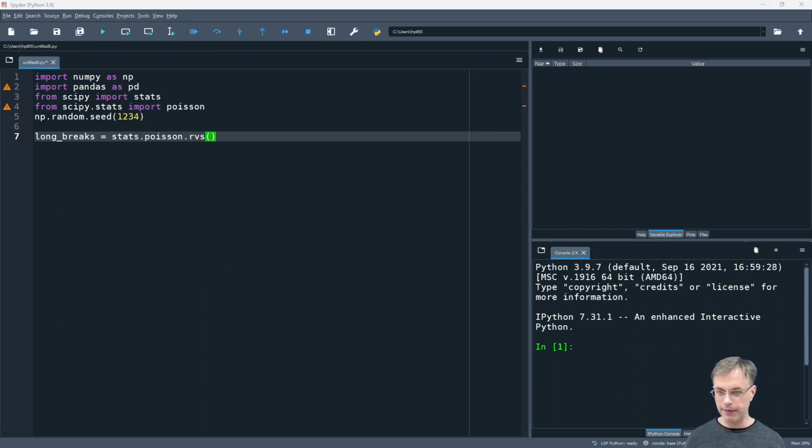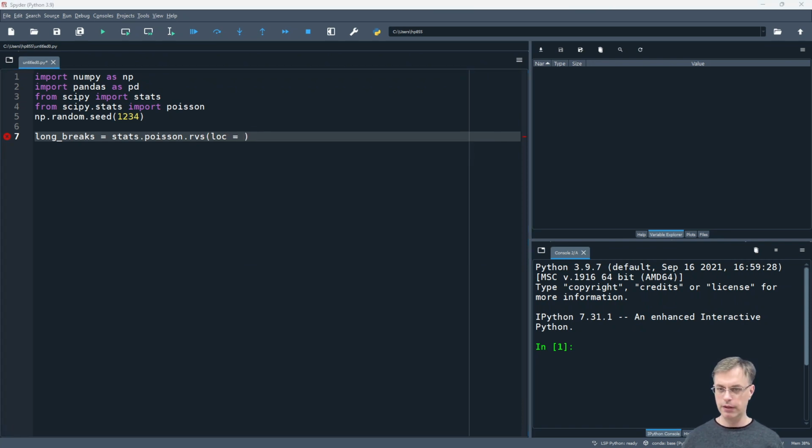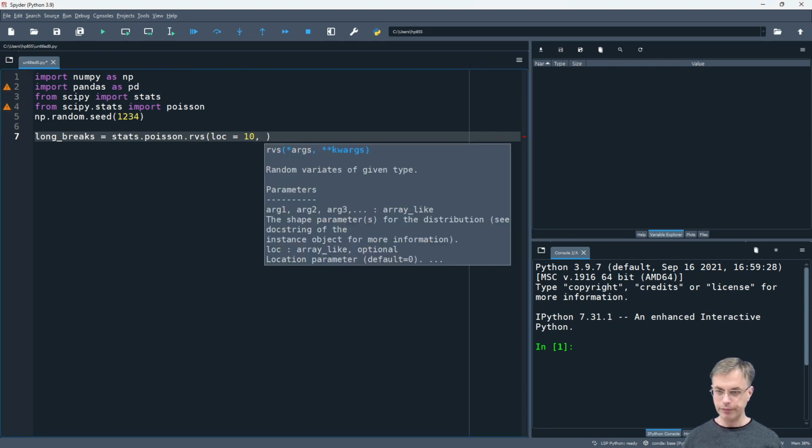RVS, and let's see what RVS exactly is. So RVS is random variates, and we can also see what we have to create. So loc is the location parameter, and that is 10.